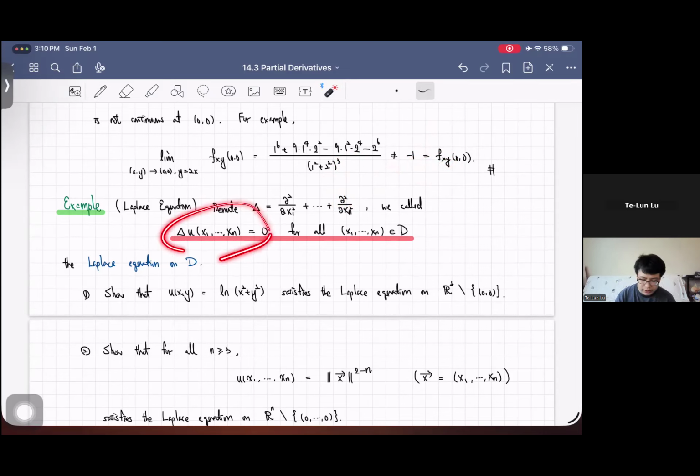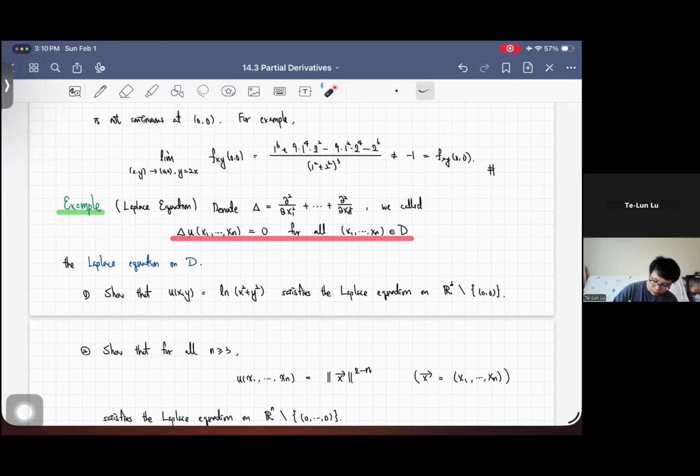We say that a function u satisfies the Laplace equation on some domain if the Laplacian of u, which is simply uxx plus uyy in a two-dimensional setting, is 0 for every point inside the domain. Now this example asks you to verify, through computation, that several functions satisfy this equation.